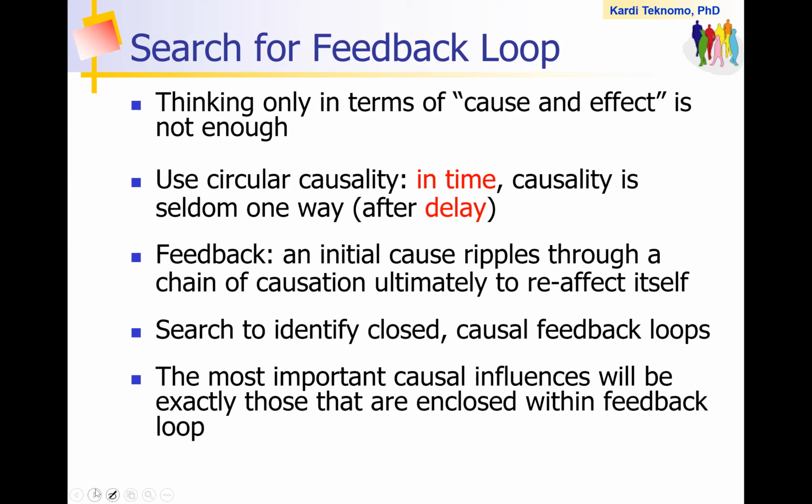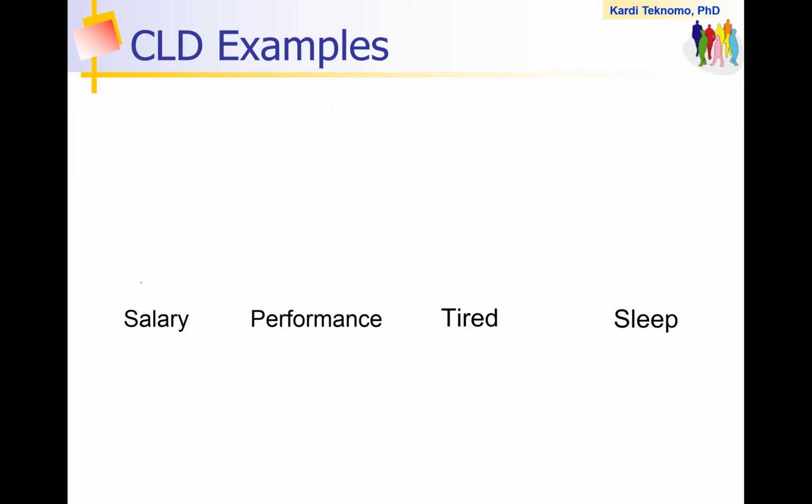So think about what is the cause of this and eventually we'll come back to that same component after certain delay. I'll give you an example. Say you have salary, performance, tiredness, and sleep. These are the components.